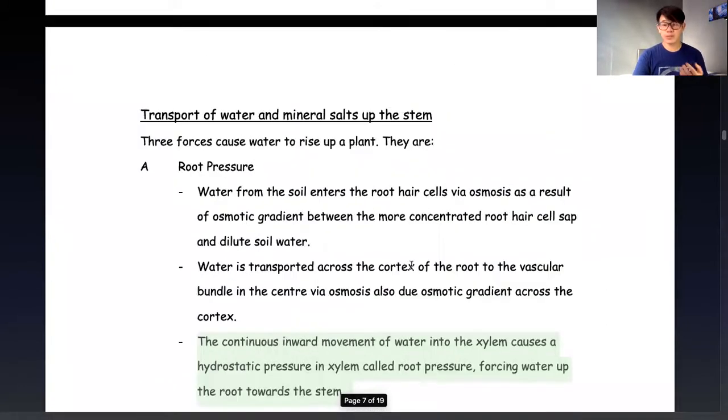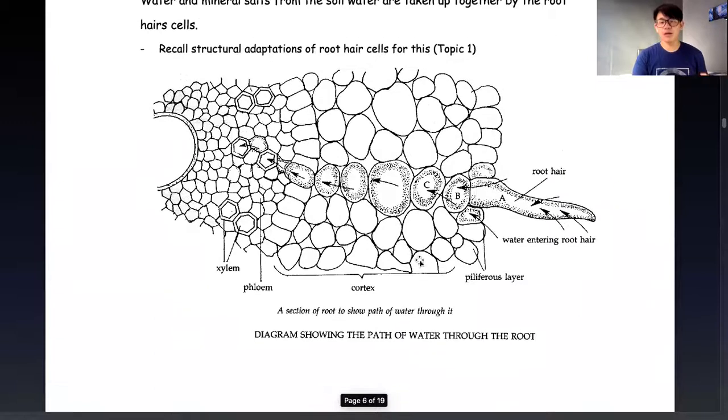So remember, I told you earlier, in your roots you don't just have a single root hair. You actually have a lot of root hair cells which surround the plant's root. All at the same time, every single root hair cell is continuously absorbing water.